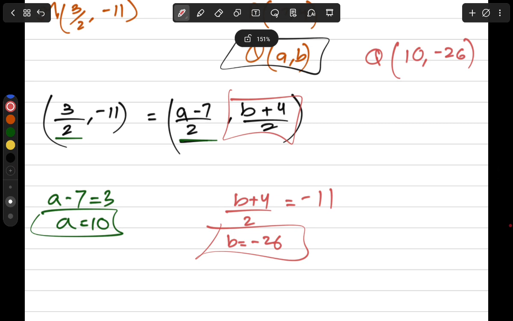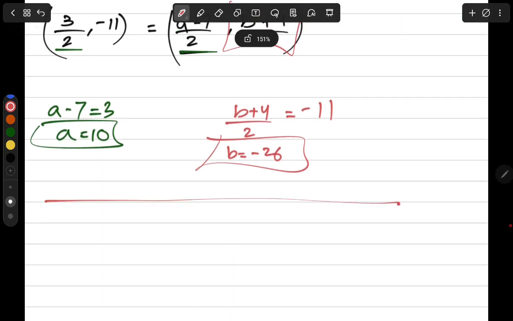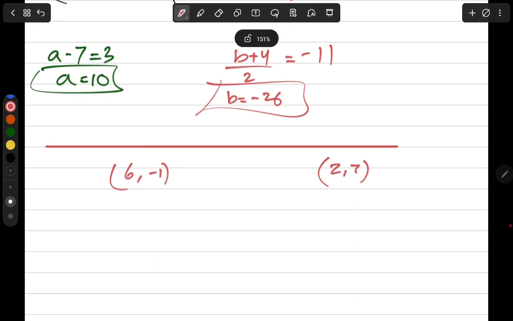Okay, now let's say that in another example, you have a midpoint given as (6, -1), and the known point is (2, 7), right? So you multiply it by 2, right?